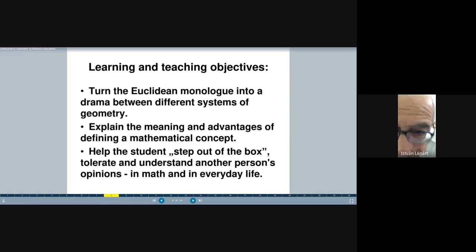What are the objectives? Very important. Turning the Euclidean monologue into a drama, into a conflict, into a fight between two different standpoints. I will give some examples of this.